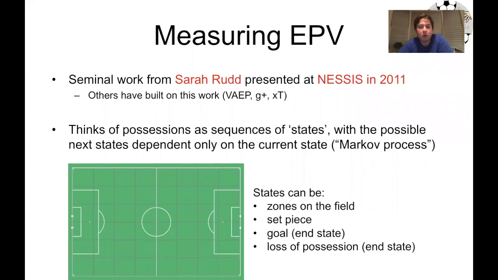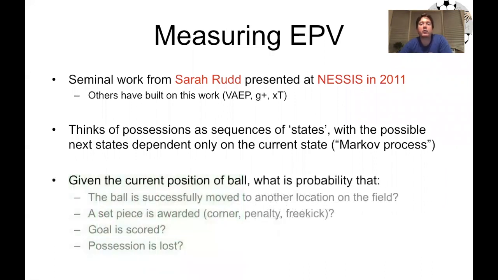And so the core of the model really is to calculate the probability of moving from the current state into any of the others. Or to put this another way, given the current position of the ball, what is the probability that the ball is successfully moved, either through a pass or a dribble, to any other grid cell, that a set piece is awarded, or that a goal is scored or possession is lost. And obviously, in both those last two cases, the possession sequence ends.